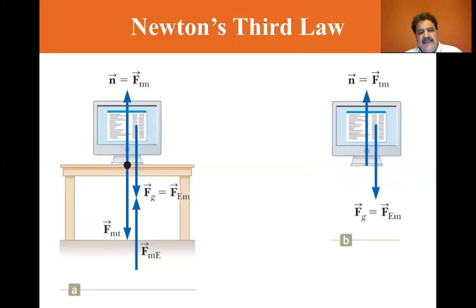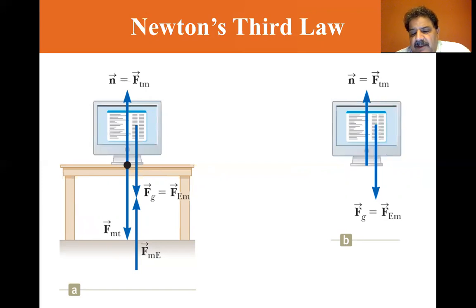That's what normal means, not normal like we're used to using. He's a normal kind of guy, not that kind of normal. In general, whenever an object is in contact with a surface, the surface exerts the normal force on the object. The normal force on the monitor can have any value needed up to the breaking point of the table.